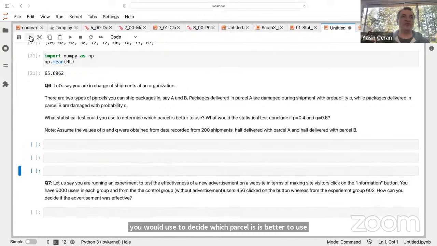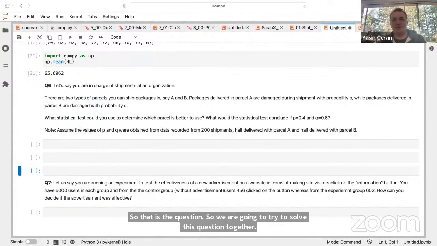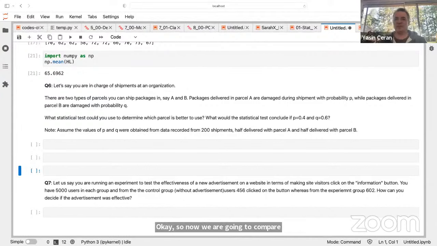We are going to try to solve this question together. Now we are going to compare two parcels. So basically, we are referring to success or failure rate.